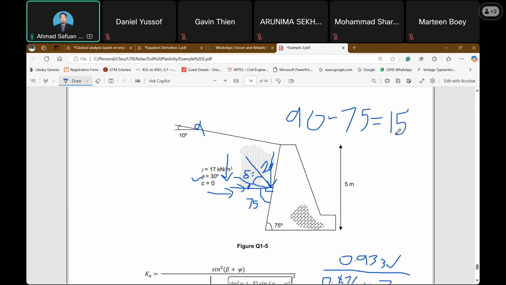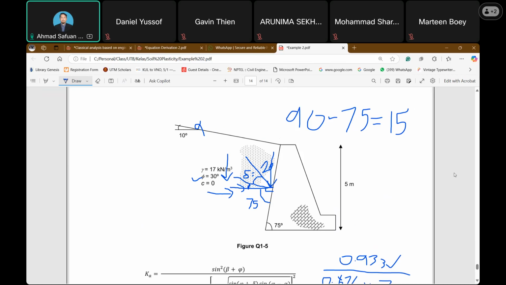So the 15 plus 20 is the angle that we use later on to get the vertical and also the horizontal force at the actual x and y axis.